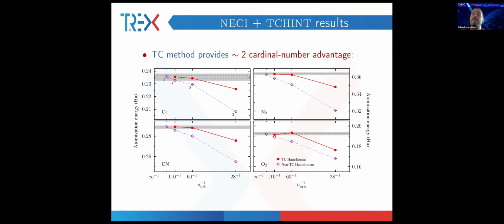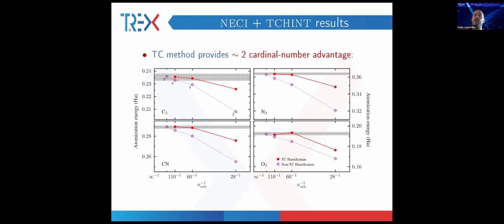And the point is that with transcorrelation, we get within the gray area, which is basically the best estimate of the atomization energies for these 4 systems, a lot quicker than without transcorrelation. So the use of Jastrow factors, which is a first quantization object in a second quantized methodology, is a very advantageous thing to do.